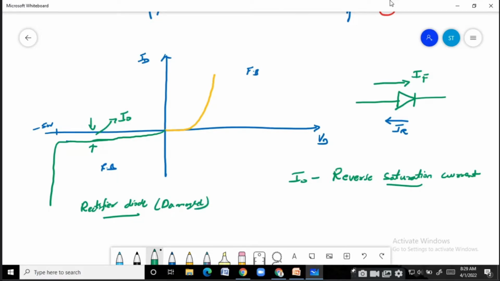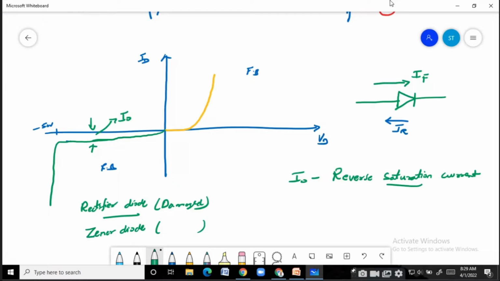So rectifier diodes are not designed to work in the breakdown region. But at the same time, you might have heard about the Zener diode. Have you heard of the Zener diode? Yes, sir. So Zener diodes are designed to work in the breakdown region only.